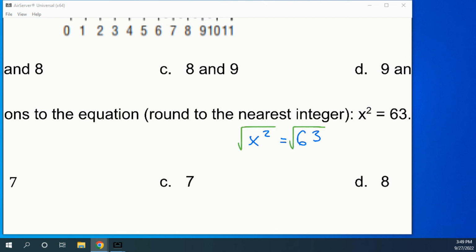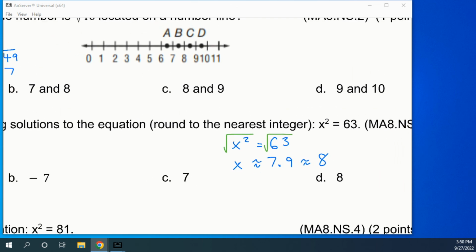So I am going to take the square root of this. According to my calculator, the square root of 63 is not perfect, but it's about 7.9, which would be about 8.